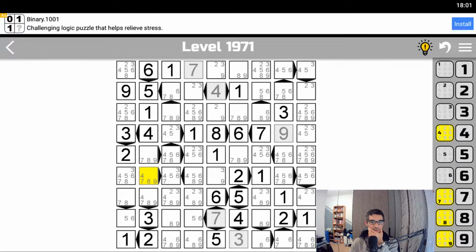I can also remove the 4. 7, 8, 9, 7, 8, 9, okay. 3, 4 also remove from here and from here. So it's just 2, 5. Again here, 2, 3 removed, 2 removed, 3 removed.